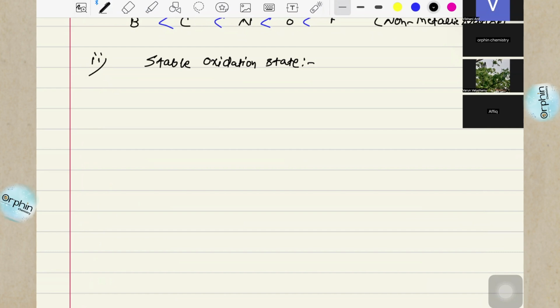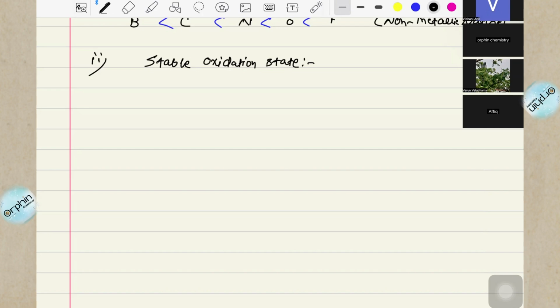Suppose aluminum plus 3, Mg plus 2, Na plus 1. Alkali metals have plus 1 as the common oxidation state. Alkaline earth metals, beryllium, magnesium, calcium, strontium, have plus 2. Then aluminum has plus 3. So why do they have these oxidation states? We know the reason: after removal of one electron, they get the inert gas configuration. For alkaline earth metals, after removal of 2 electrons, they get inert gas configuration. For aluminum, after removal of 3 electrons, they again get inert gas configuration.